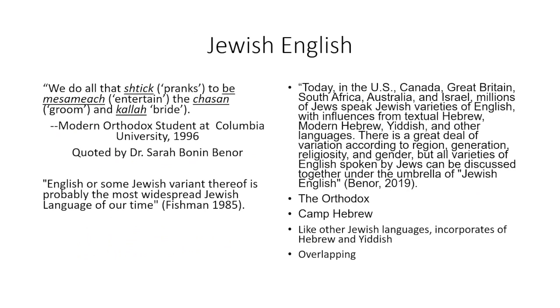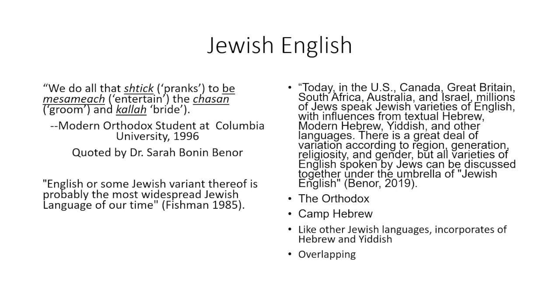Not too surprisingly, because we've seen that we have Jewish diaspora dialects across the globe in virtually every community that the Jewish people have lived in, we also find that there is a dialect of English that can only be called Jewish English.